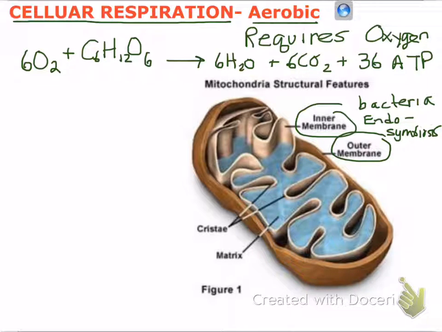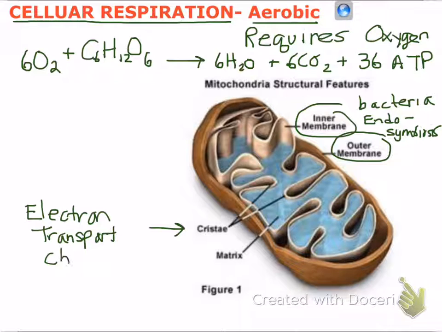What we need to know for cellular respiration is the cristae and the matrix. The cristae are these folds, and in these folds is where the electron transport chain is. Which is the third step of cellular respiration.